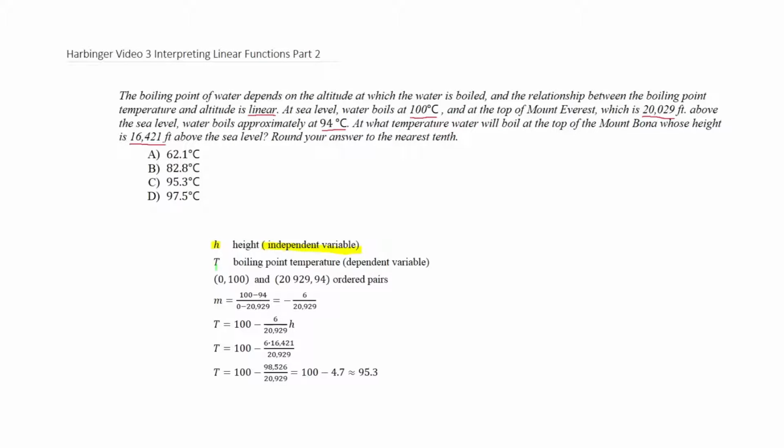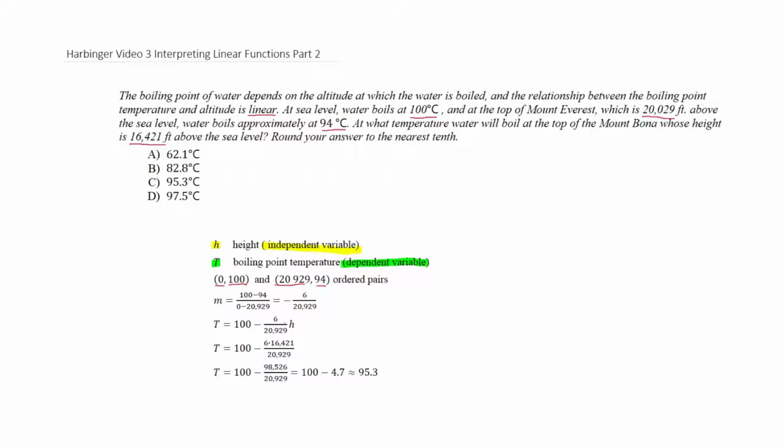Obviously, the independent variable is height, since the boiling point temperature depends on height, on altitude. Therefore, we have two ordered pairs, or 2 points on the linear graph of the function. Knowing 2 points, we can calculate the slope, or the rate of change at which the boiling point temperature changes with changing altitude or height.